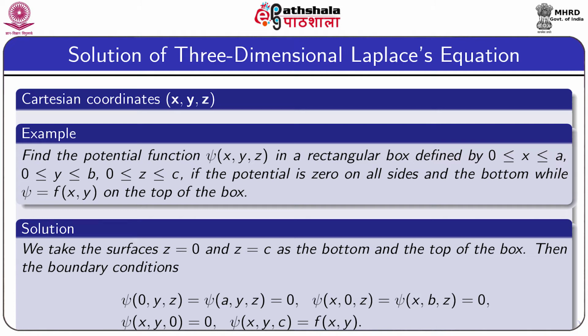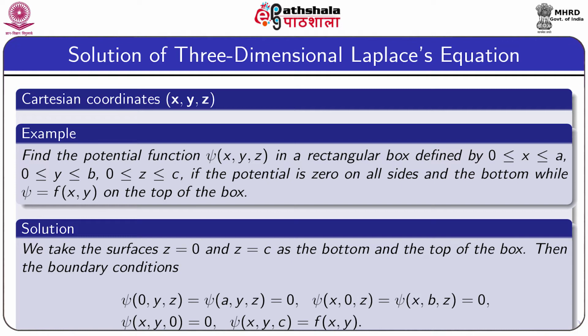So, you think about a rectangular parallelepiped where all the bounds of the parallelepiped are kept at 0 temperature except the plate z equals c. So, we can write the boundary conditions like this.